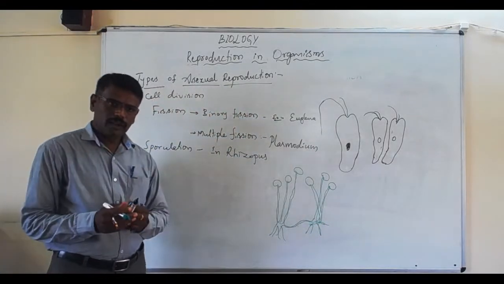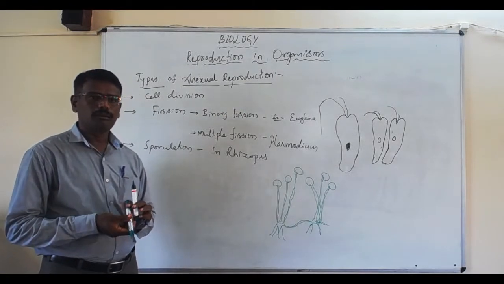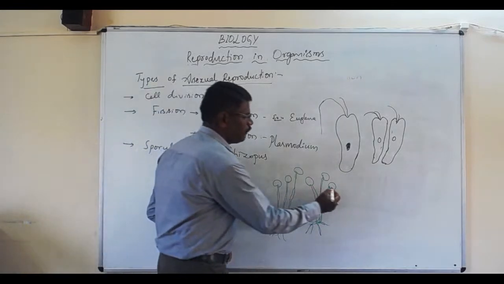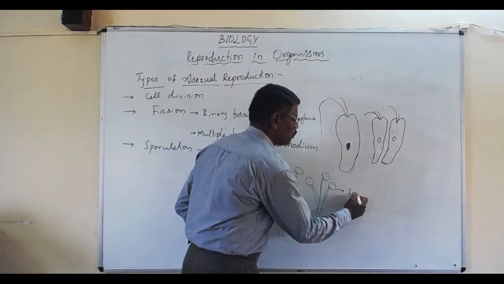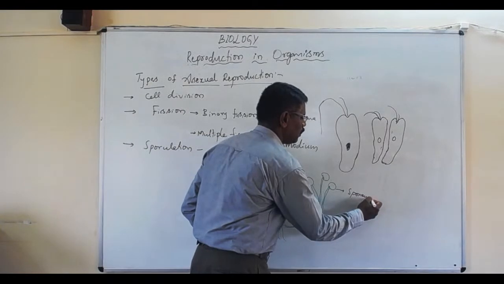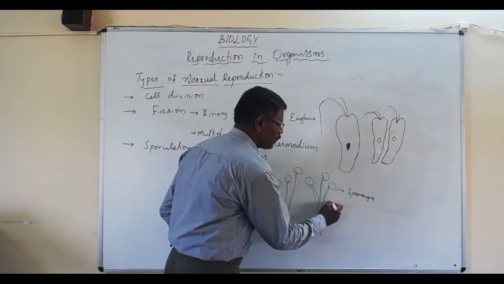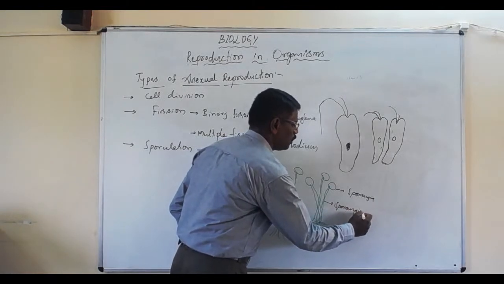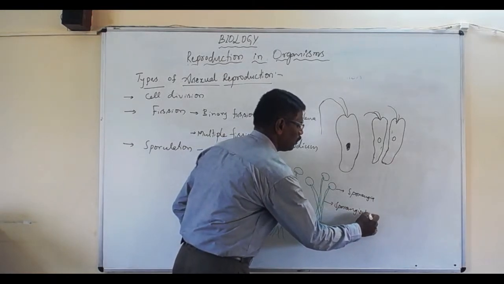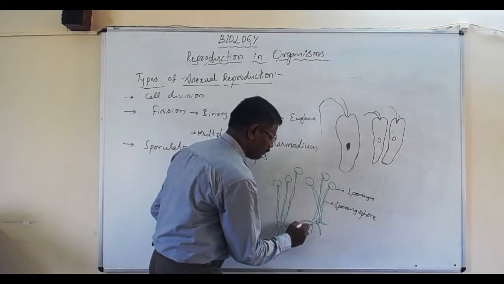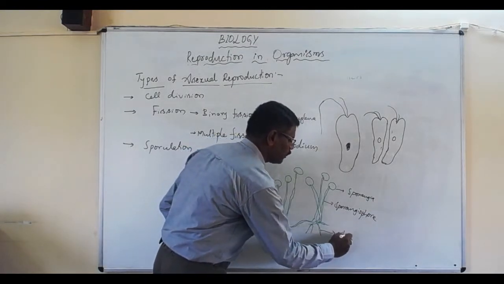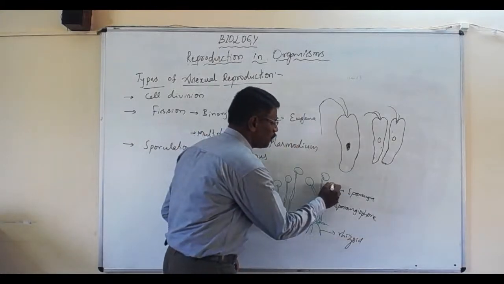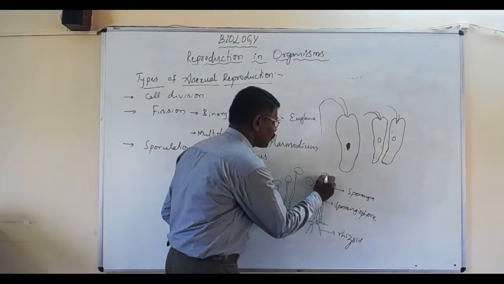Rhizopus is one of the fungal members. In these fungal members, there is the presence of sporangia, sporangiophore, and rhizoid, in which there are a number of spores.